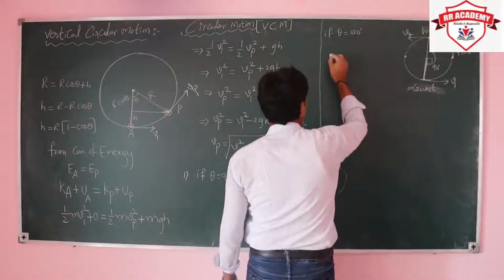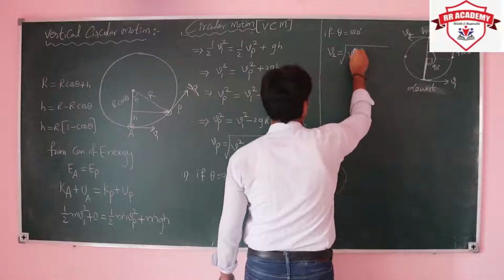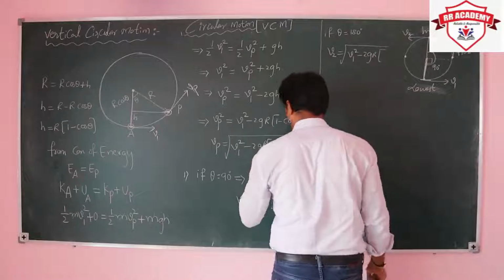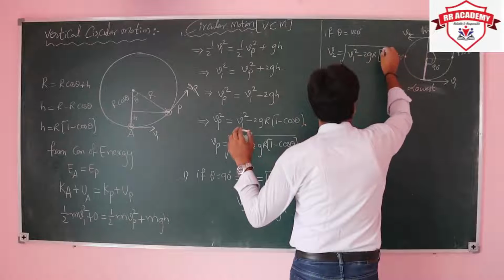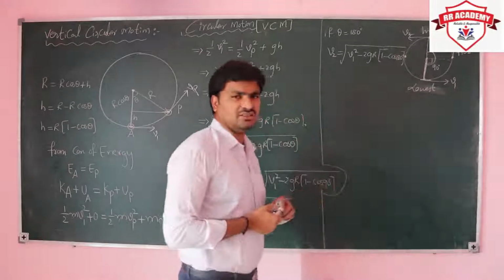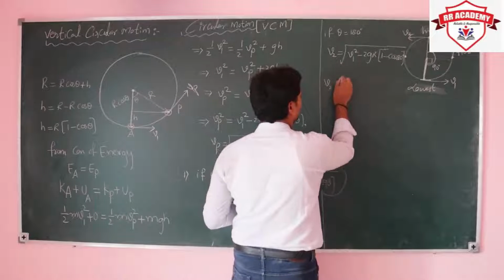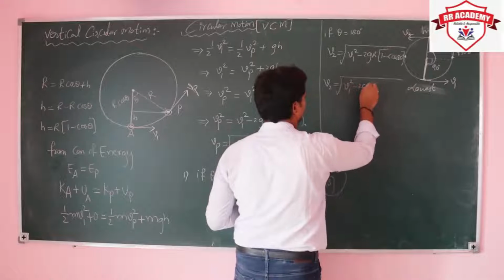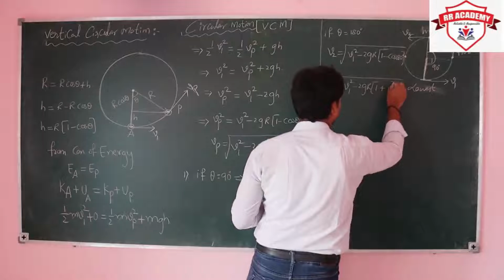So v2 is equal to under root of v1 square minus 2gr of 1 minus cos 180. What is the value of cos 180? Cos 180 is minus 1. There is already a minus, and the minus of minus goes to plus. So v1 square minus 2gr of 1 plus 1.